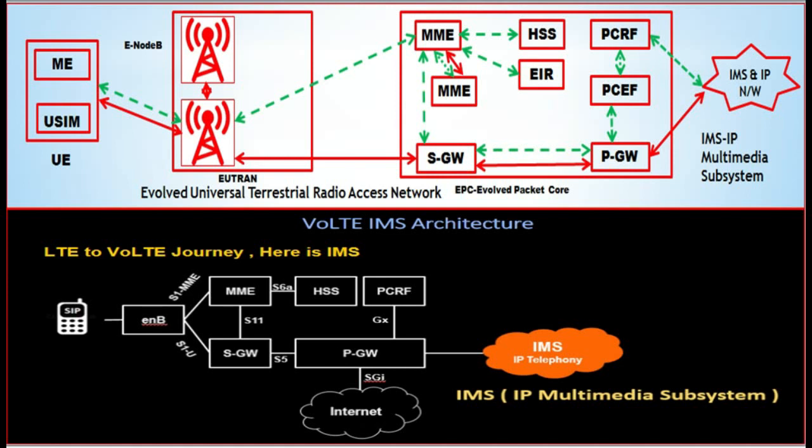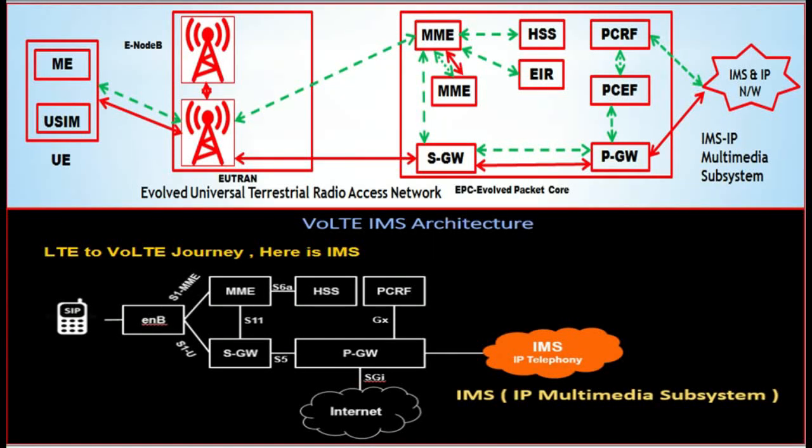Now the LTE network is a part of the evolved packet system. As you can see in the diagram, the IMS core is directly connected to PGW over the SGi interface. For the LTE network, IMS or SIP traffic is just another payload, similar to internet traffic.